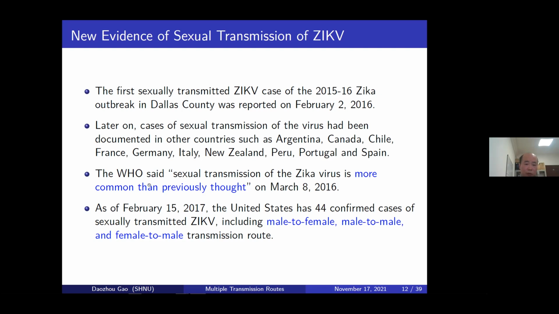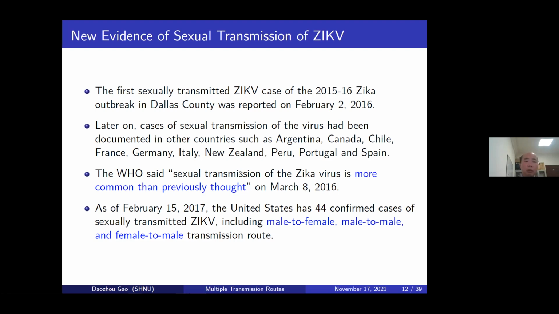The WHO said sexual transmission of the Zika virus is more common than previously thought on March 8th, 2016. I was very happy because we were on the right track, right? That means sexual transmission is very important, and we should consider sexual transmission in modeling the transmission of Zika virus disease.